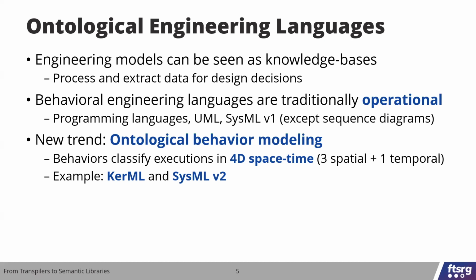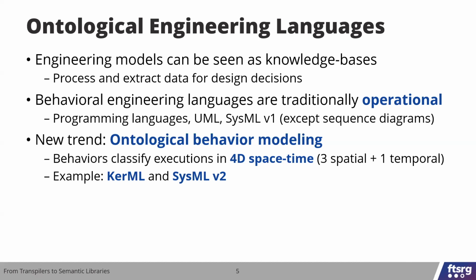Ontological behavior modeling classifies behavior executions in a 4D space-time, where 3 of those are spatial dimensions and 1 is a temporal dimension. And in such cases, it is not straightforward to model check and to run the same things that we could.